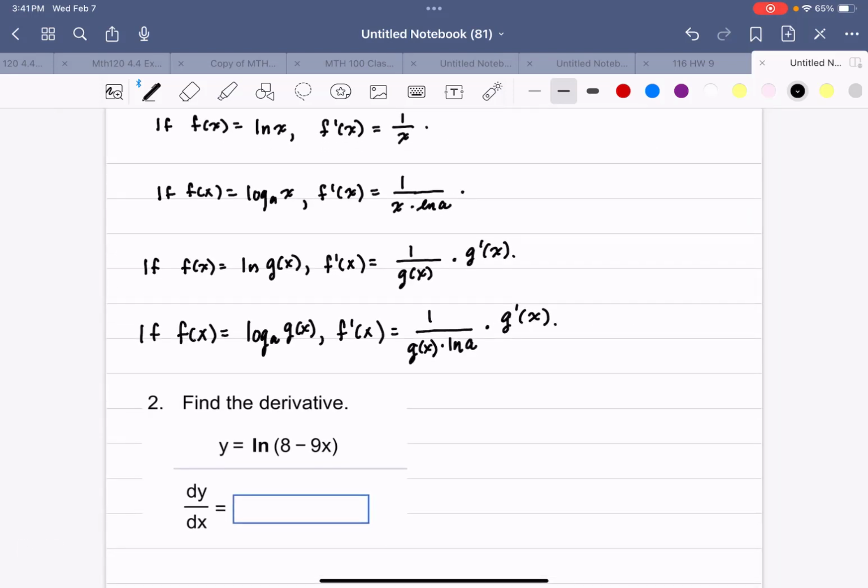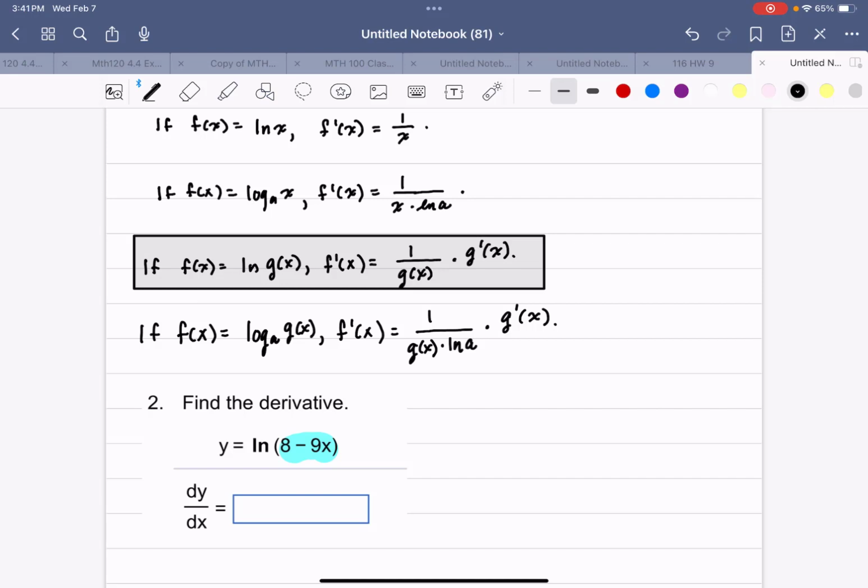Example 2, find the derivative if y equals natural log of 8 minus 9x. So again, this argument, or the internal part of the natural log, is a differentiable function. So we're looking at this rule again. So our y prime, or our dy dx, is 1 over the function 8 minus 9x times the derivative, which is going to be a negative 9.